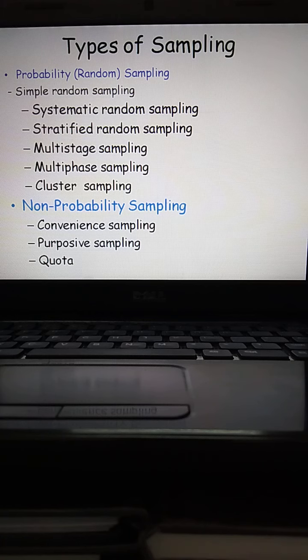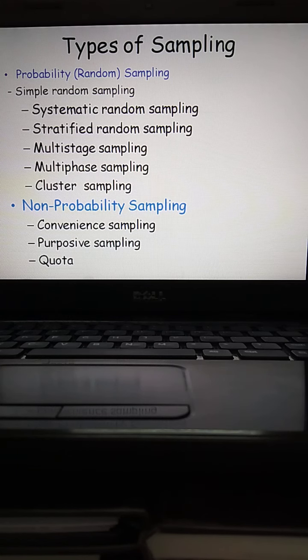The probability sampling methods, or the random probability sampling methods, are: the first one is the simple random sampling method, systematic random sampling methods, stratified random sampling methods, multi-stage sampling method, multi-phase sampling method, cluster sampling methods.